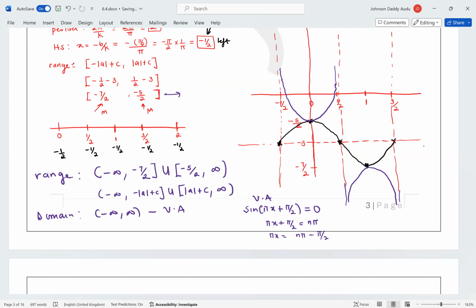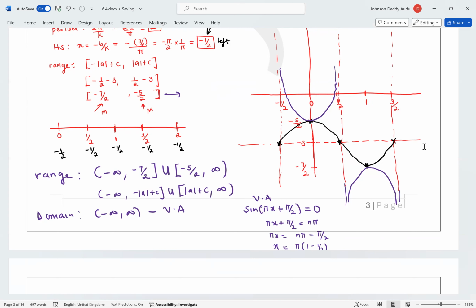And here, what can you do? You can see that the pi will cancel. So x is just, you can take pi outside, and you can see it's just 1 minus half. Am I correct? Yes. So this is just going to be half pi.